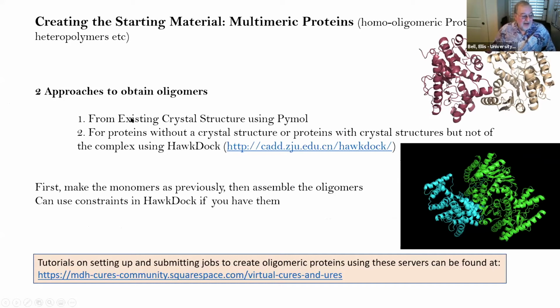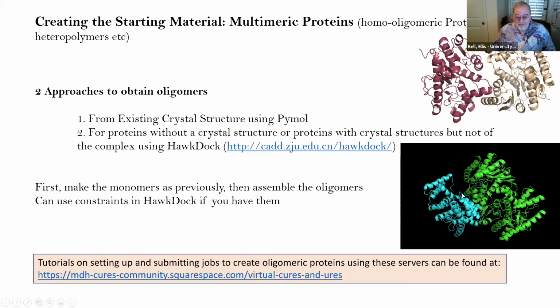If you don't have a structure of the complex, you can actually construct a potential structure in this program called HawkDoc. And this is an assembly of a homodimer with a different protein, in this case citrate synthase and malate dehydrogenase. You can build a structure of the potential metabolon. You can put in restraints.